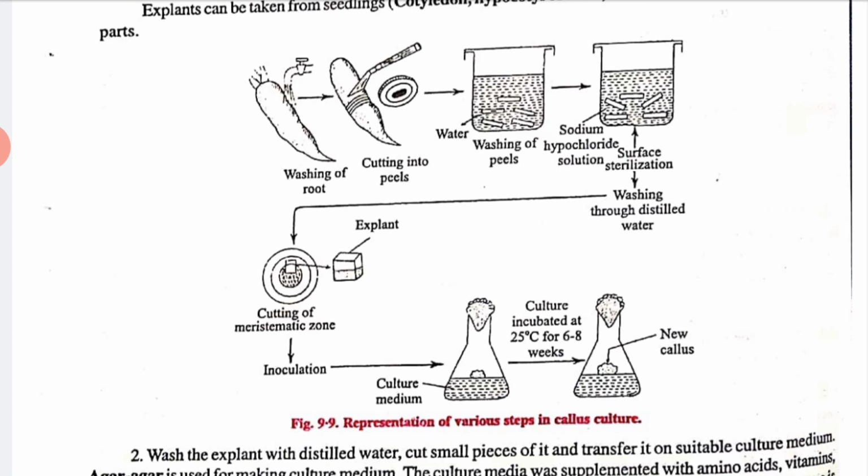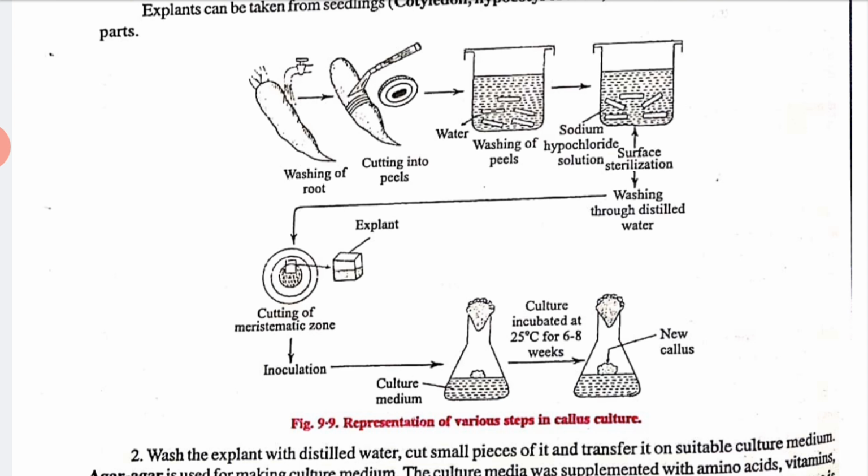So according to this technique, whatever the medium we have made, we will put those small pieces of cutting, those peels, into sodium hypochlorite. Inside the sodium hypochlorite, we can see here the surface is sterilizing inside that solution.